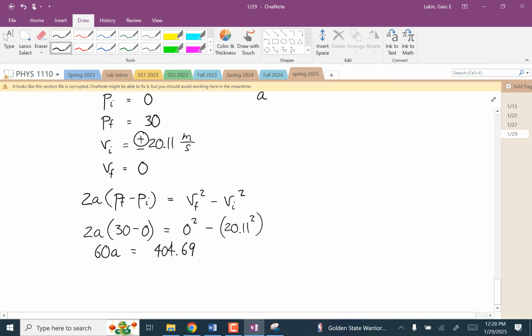And divide both sides by 60. Oh, I missed something important here. The negative sign. So you square that number, but there's still the negative sign in front of it. So divide both sides by 60 and you get that A is equal to negative 6.74 meters per second squared.